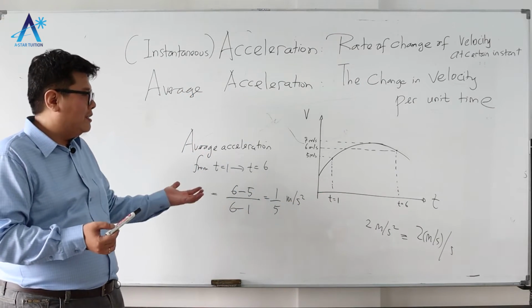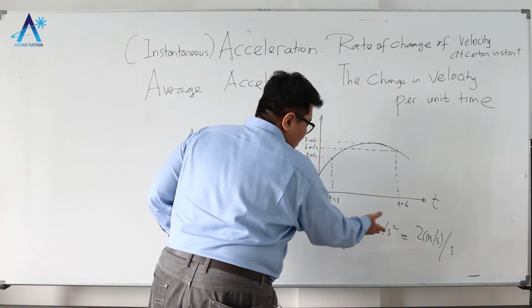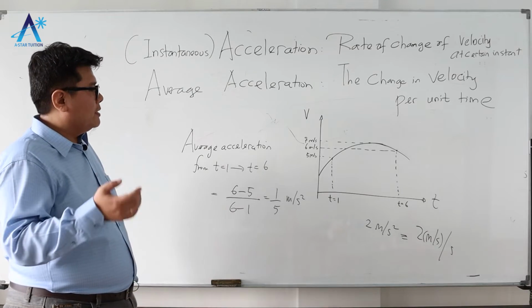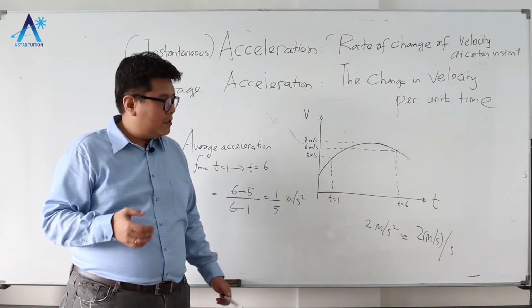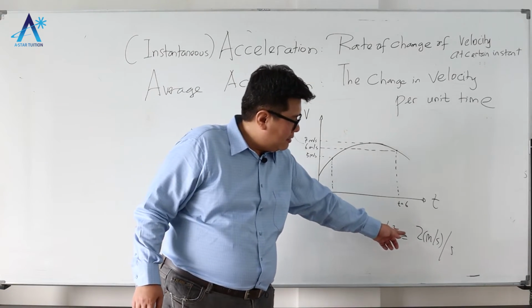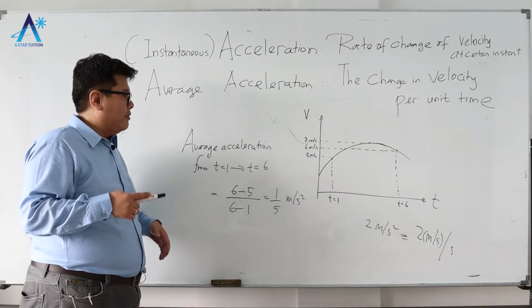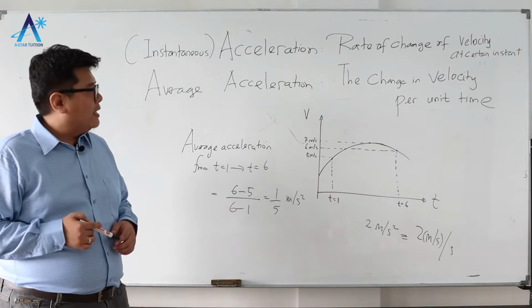Usually we just write it as 2 meter per second squared, but you need to understand why the unit is like that.